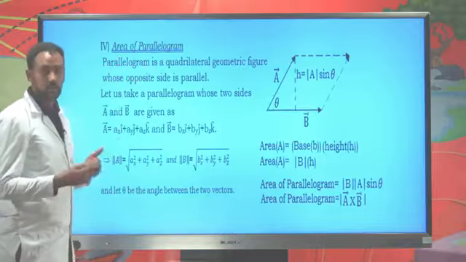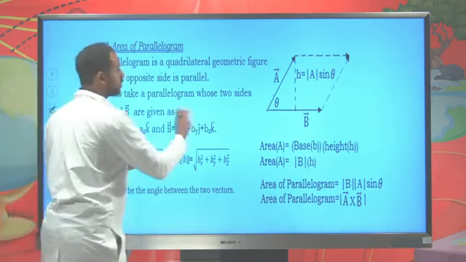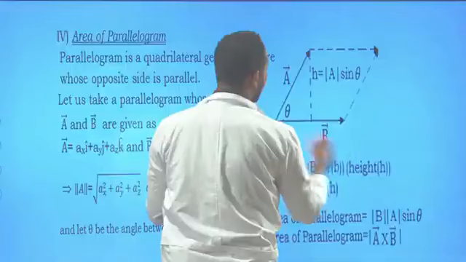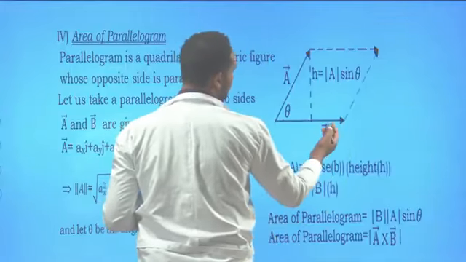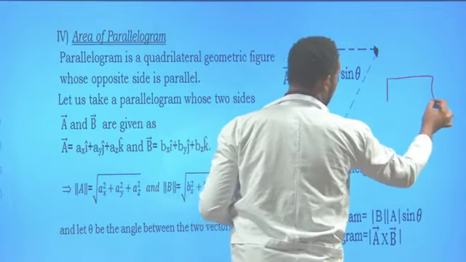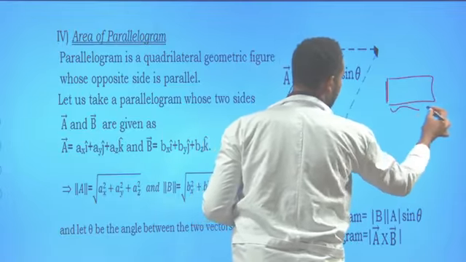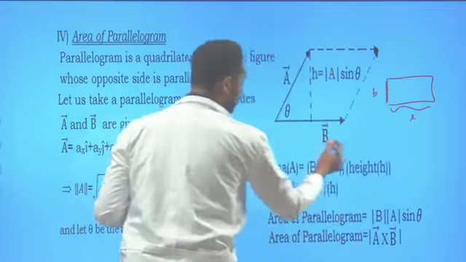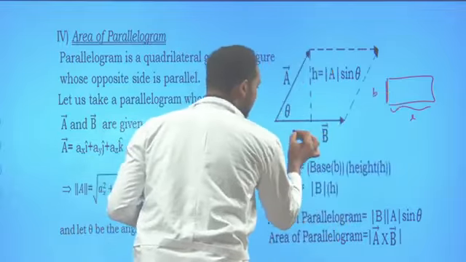A parallelogram is a quadrilateral, a four-sided figure whose opposite sides are parallel. The area of a rectangle, triangle, and so on can be determined using the product of its length and its breadth. Here the length is the magnitude of B.